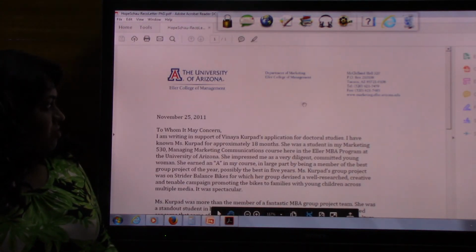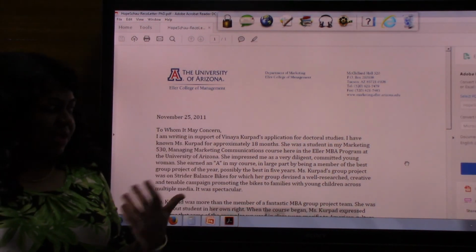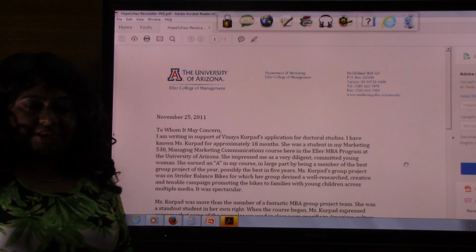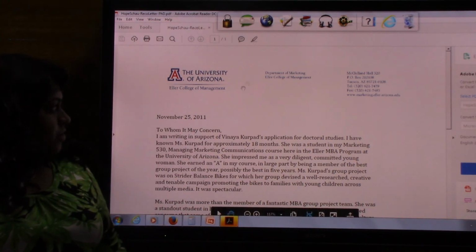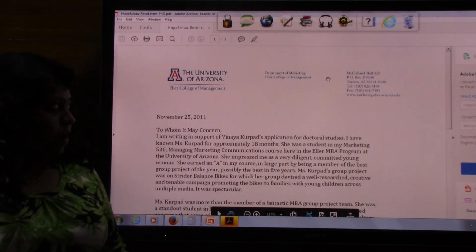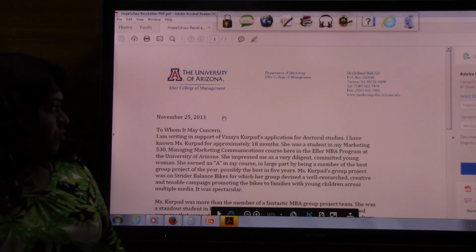This was actually given to me by one of my professors in my university. So this professor was a professor of marketing at the University of Arizona, and she had put the date, and she gave her contact details, and she said to whomever it may concern.